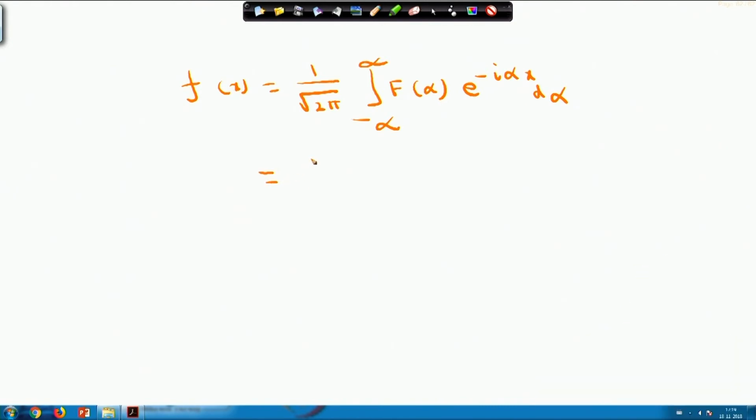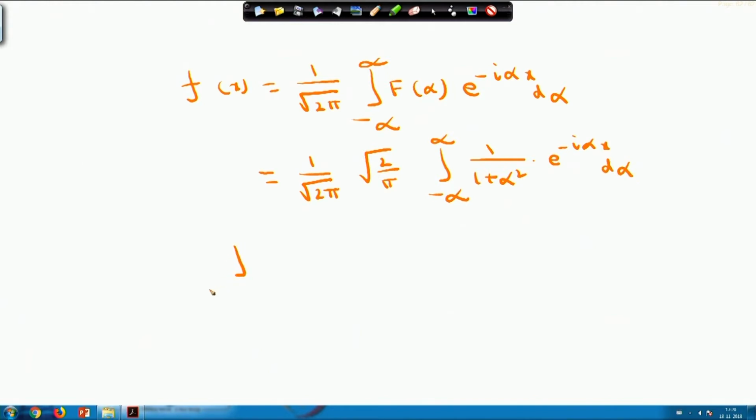Now substitute the value of f alpha: 1 by root over 2 pi into root over 2 by pi, integral from minus infinity to infinity of 1 by 1 plus alpha square into e power minus i alpha x d alpha.